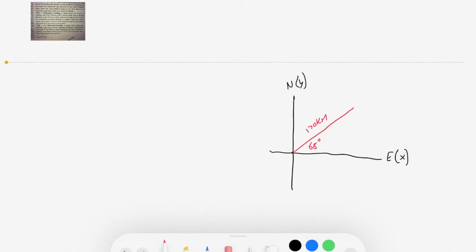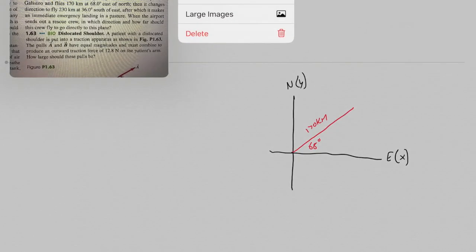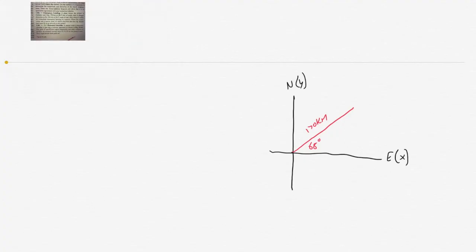Great. So the airplane then changes its direction and heads off in a direction, let me see what we say, 36 degrees south of east from there, and it makes an emergency landing at 230 kilometers. My y-axis could have been a little bit longer, so let's get rid of that.